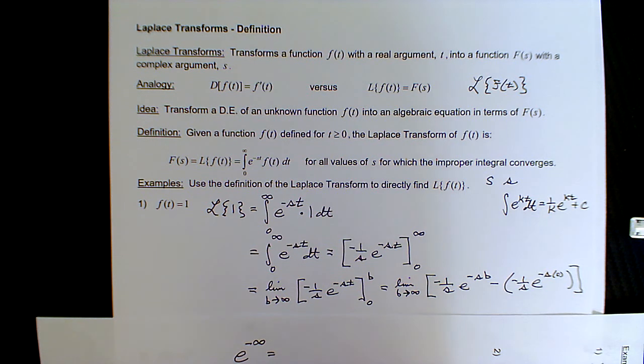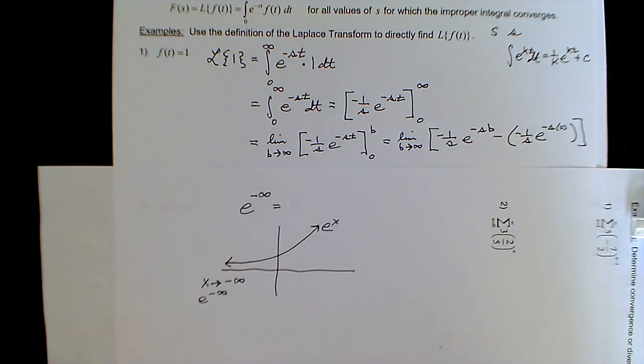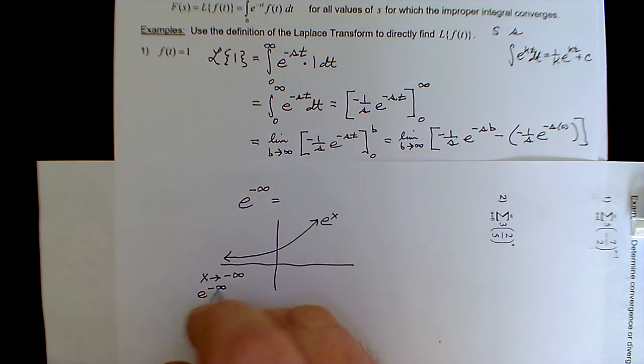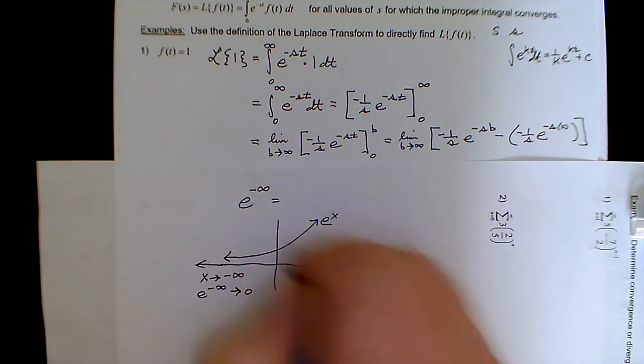We can think of this as the graph of e to the x. As x approaches negative infinity, here's the graph of e to the x. e to the negative infinity approaches 0 because it's the x-axis.